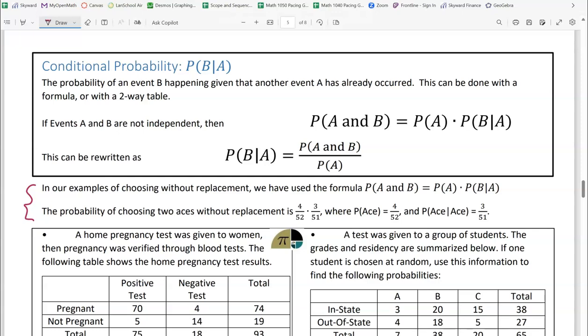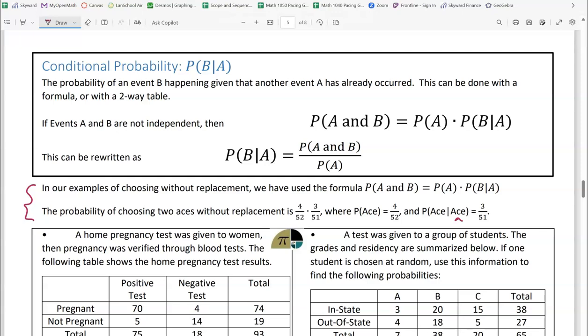And then we take that out of the deck and there are only 3 out of 51 left. So that second one was a conditional probability. It was the probability that we drew an ace given that we have already drawn an ace.